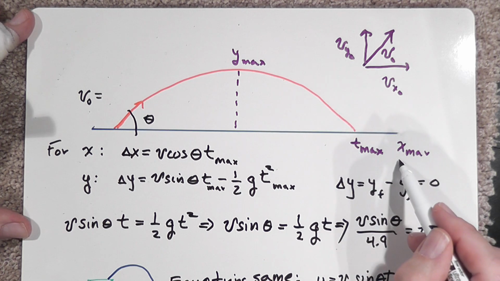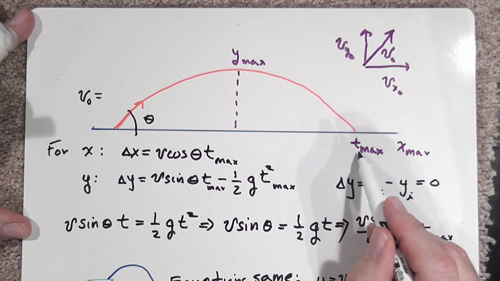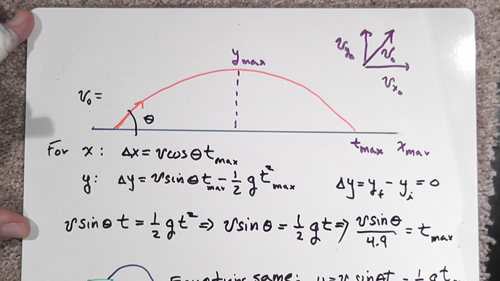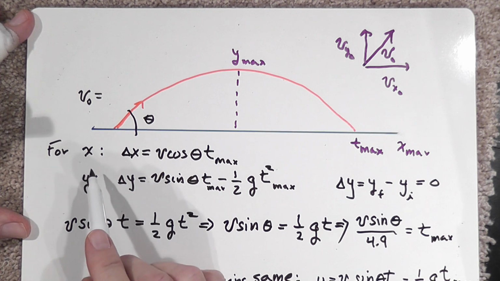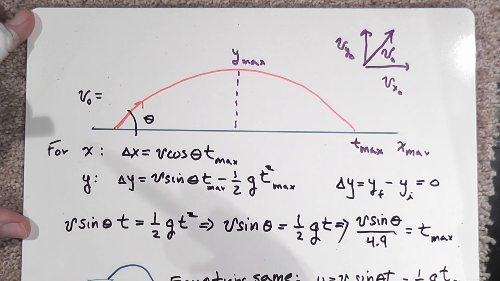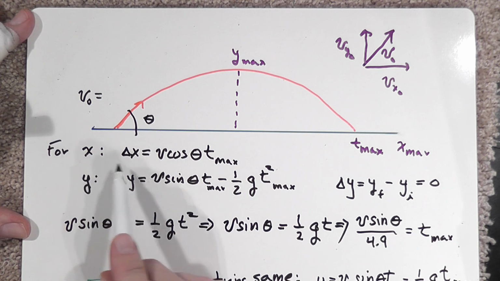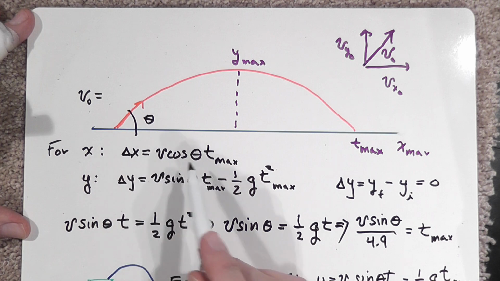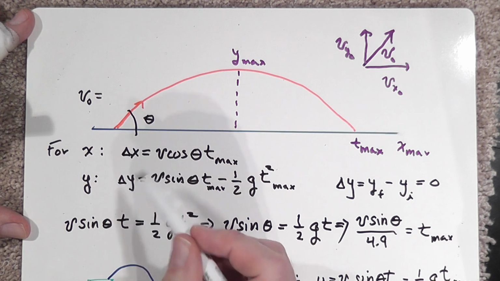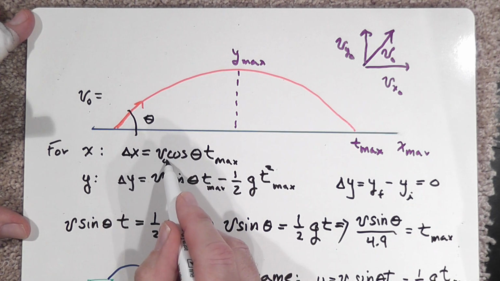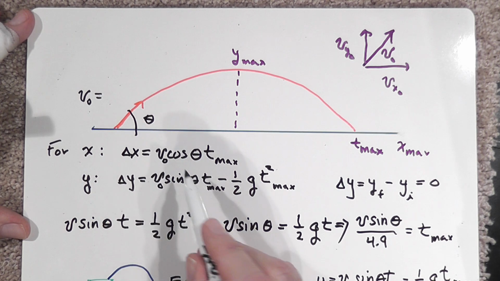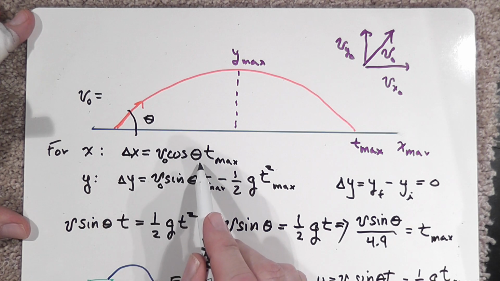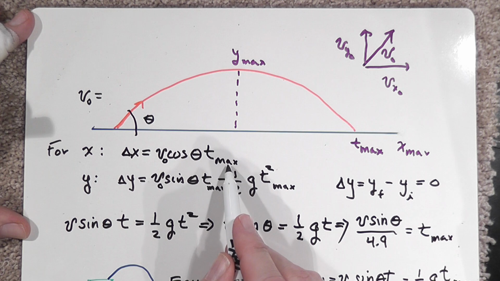The maximum range is x max, and t max is the maximum time. There are actually only 2 equations that run this whole thing. For x you have delta x, the maximum range, equals v, the initial velocity, times cosine theta, wherever that angle is, times t max.